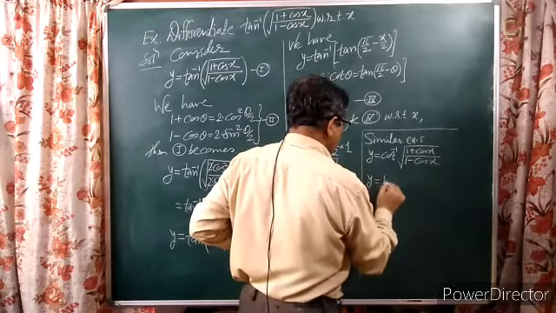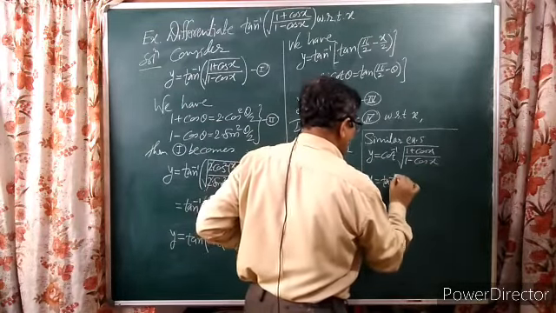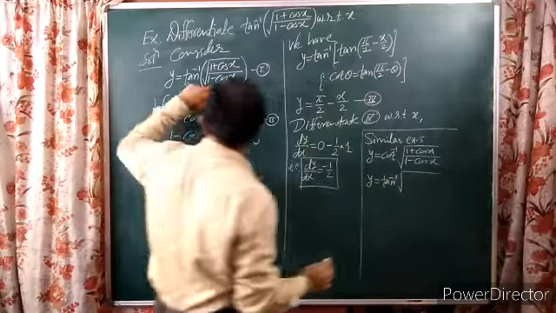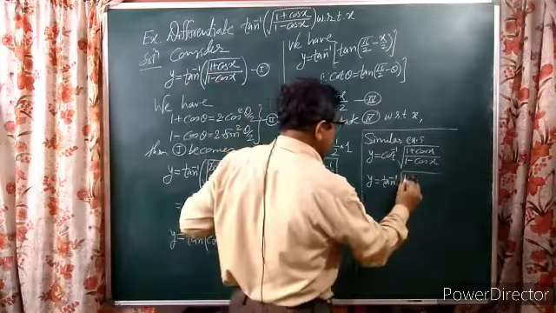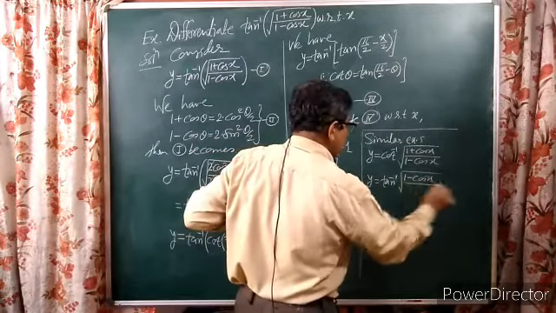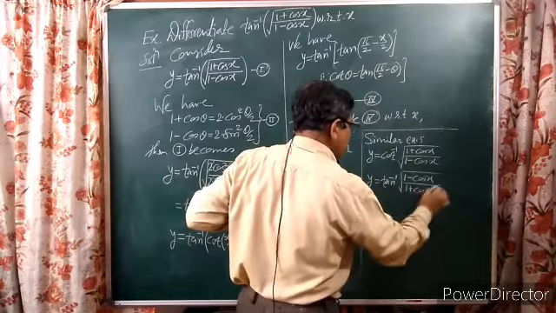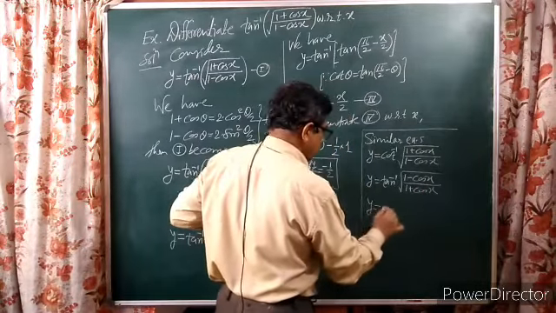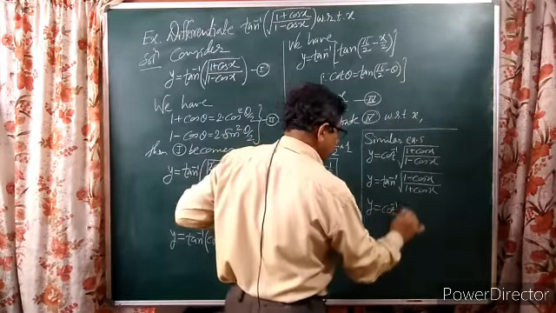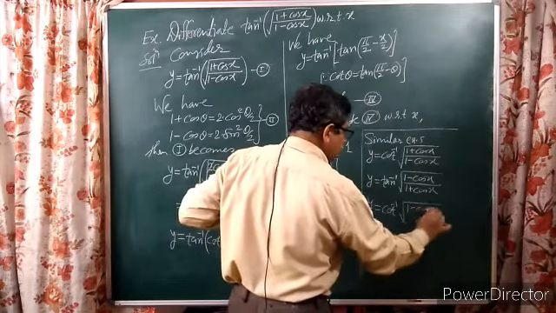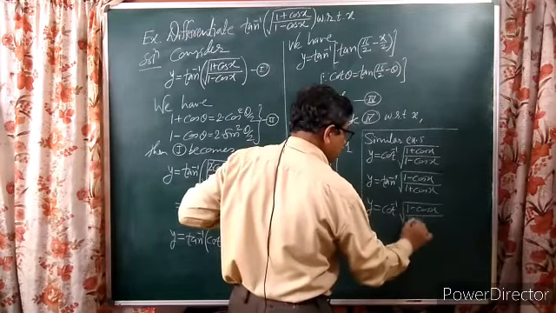Or y is equal to the same tan inverse, only we'll go for the reciprocal of these two: 1 minus cos x upon 1 plus cos x. Or y is equal to cot inverse of root of 1 minus cos x upon 1 plus cos x.